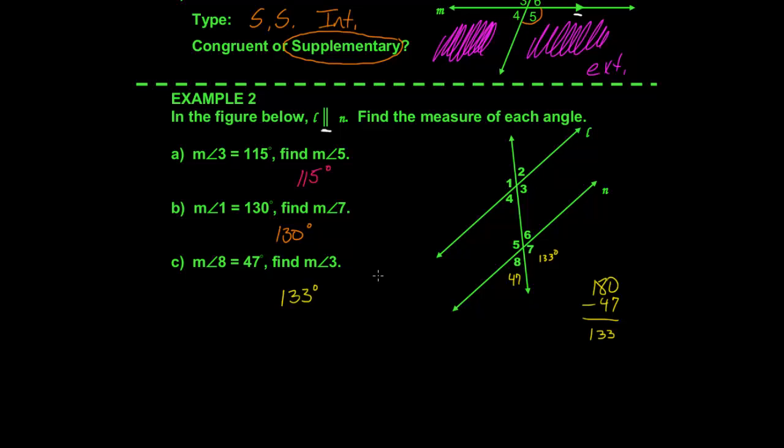They will either both add up to 180 or they will be the same. 6, 8, 2, 4, all the same. 1, 3, 5, 7, all the same. 4 and 5 add up to 180. 1 and 4 to 180. 2 and 3 to 180. 1 and 2 to 180. You can do that all the way around just by quickly glancing at it and knowing. Once you know, then this will become a lot easier for you on the assignment.